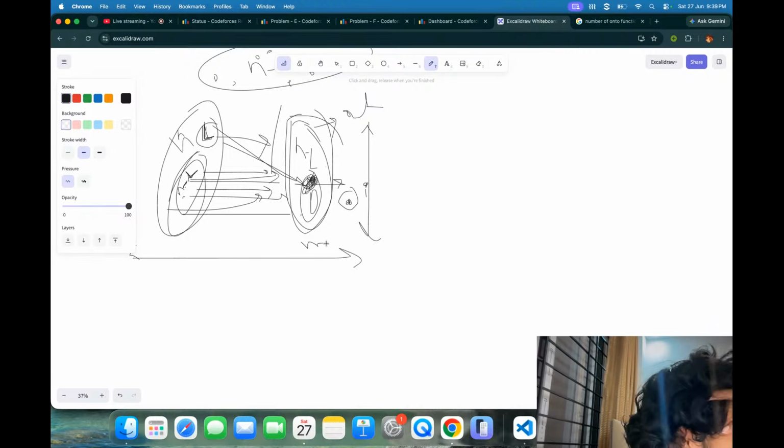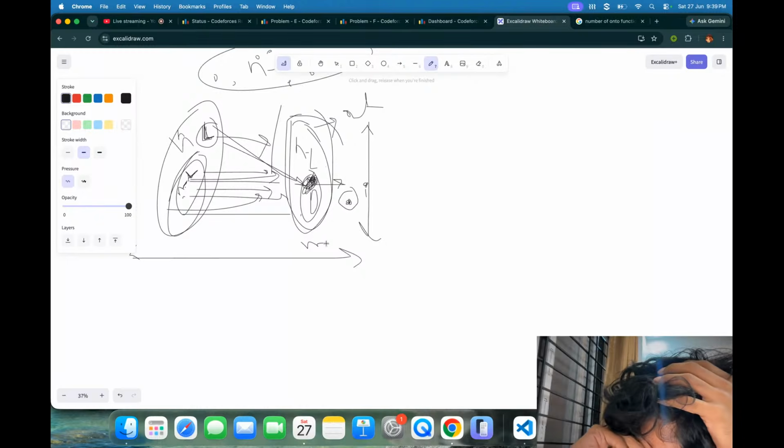But that's not easy now, because then the value of n will be reducing. If n is also reducing and m is also reducing, that's not easy.